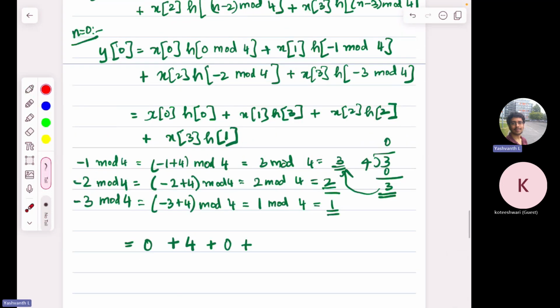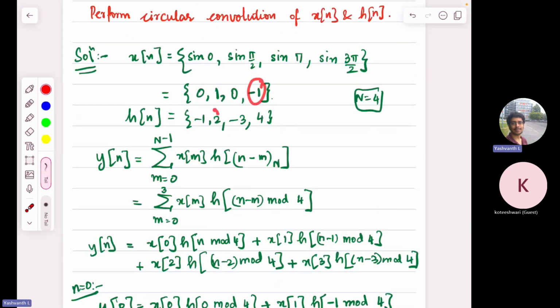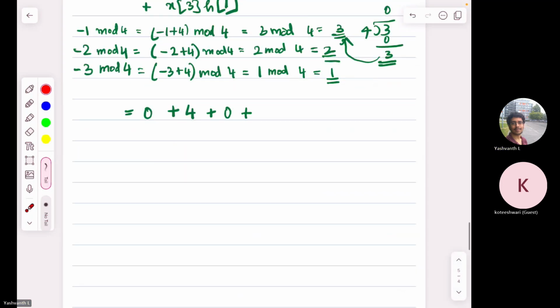Next, x of 3 into h of 1, that is minus 1 into 2, which is equal to minus 2. So 4 minus 2 is equal to 2. Therefore, y of 0 equal to 2.